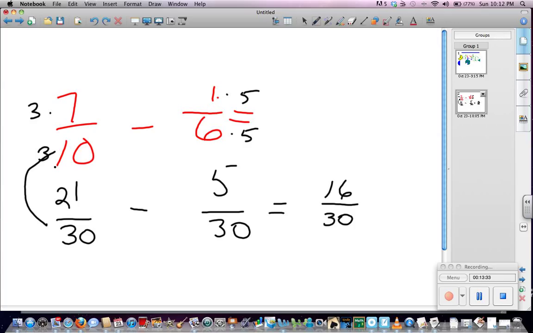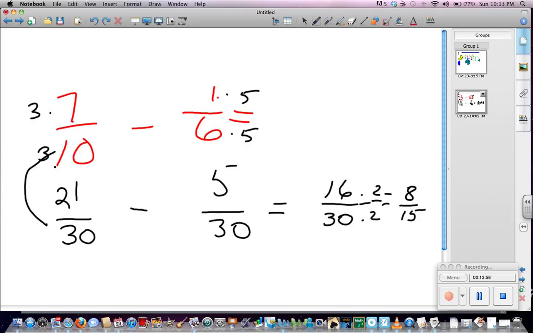And finally, we have a problem that needs to be reduced. I know just by looking at these two numbers that 2 goes into both of them, so I'm going to divide both of these by 2, and I'm going to get 8 over 15, and I'm going to sit here and decide, is there a number greater than 1 that goes into both of these? Well, I know that 8 is divisible by 2, 15 is not.